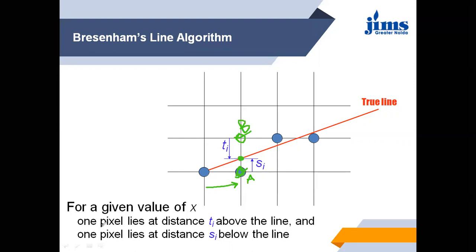For a pixel, we have to find the distance above the line, which we call Ti, and the distance below the line, which we call Si. We will try to find the difference between these two.